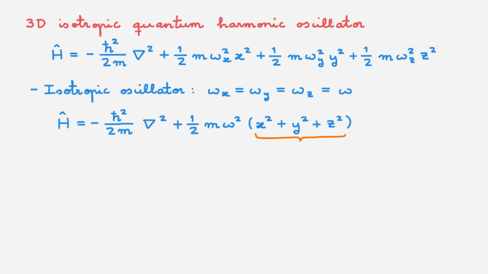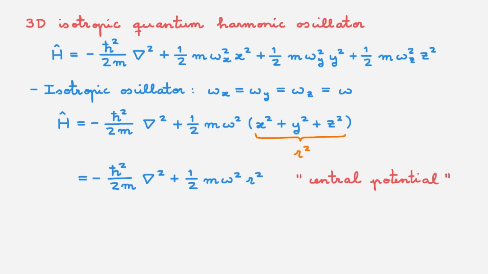Using spherical coordinates, this is simply the square of the distance r from the origin, and this means that we can rewrite the Hamiltonian of a three-dimensional isotropic oscillator in spherical coordinates with the usual kinetic energy term, and a potential energy term that is equal to 1/2 m omega squared r squared. And this here is the key to today's video. The three-dimensional isotropic quantum harmonic oscillator is described by a central potential.